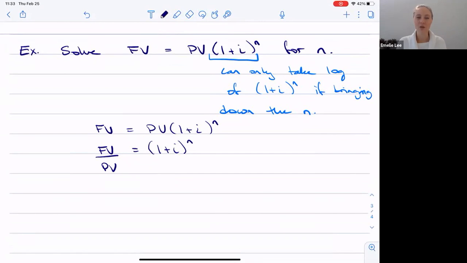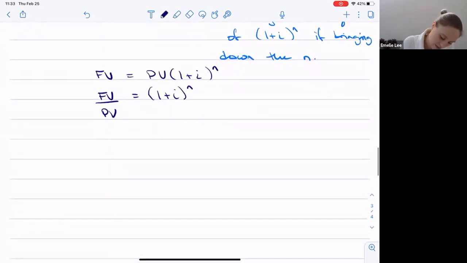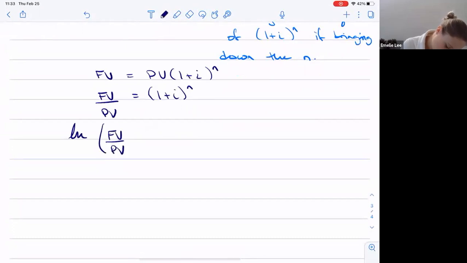Now, because I want to bring this n downstairs, right, I need to take the log of both sides, right? And so here, this becomes the log of the future value over the present value. Should I do it right away? I'll just bring that n downstairs immediately, like I said before, right? Usually the only reason we take the log is to bring it downstairs.